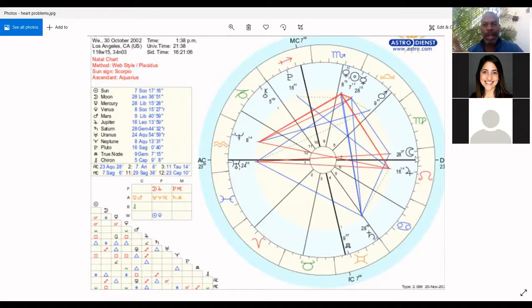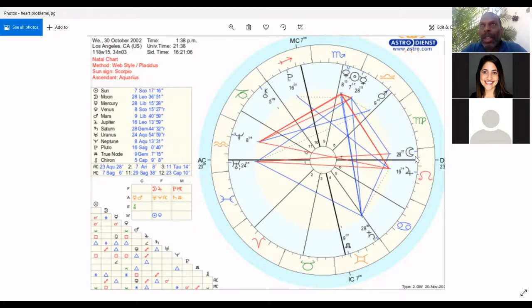Now remember the other thing I said, good aspects can be made bad, bad aspects can be made good. What we call good aspects, which are the sextile and the trine, they actually call easy. And I think that's a better term, easy or flowing. And then the others they call hard or obstructive.